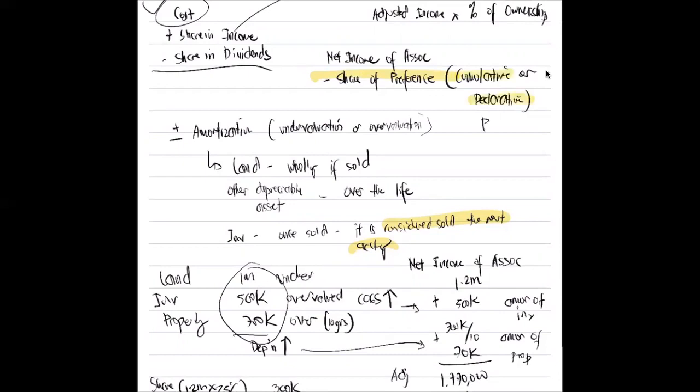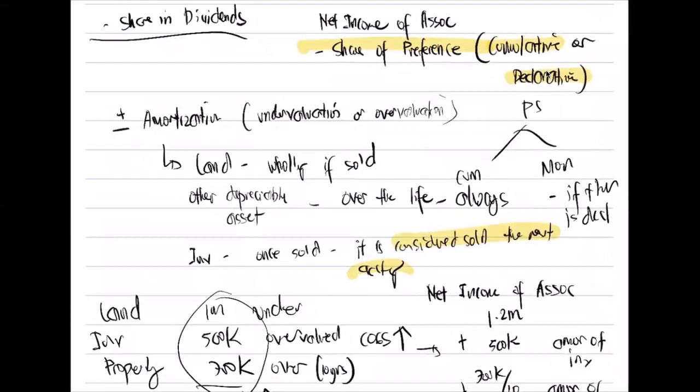So in short, your preference shares can either be cumulative or non-cumulative. Cumulative should always be deducted, and non-cumulative should only be deducted if there is a declaration. Why? Because preference shares have a preference over the income. So from your net income of associate, we need to deduct first any income that is attributable to your preference share.